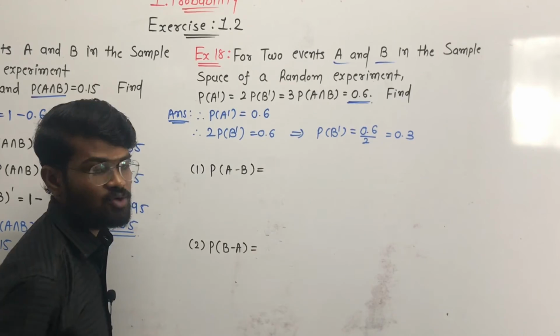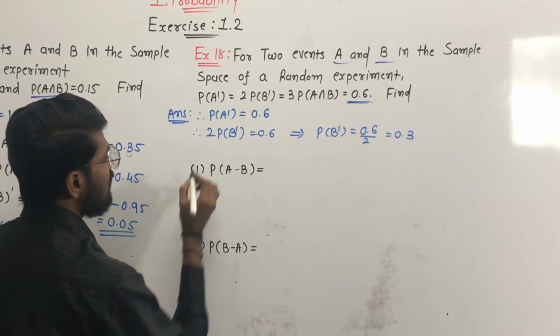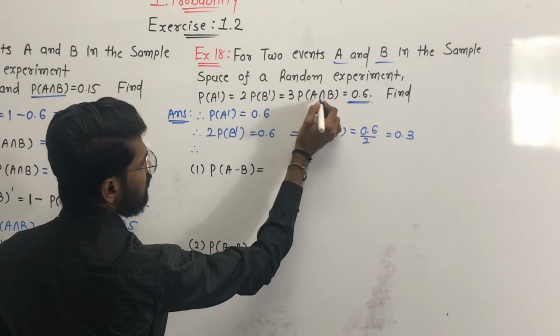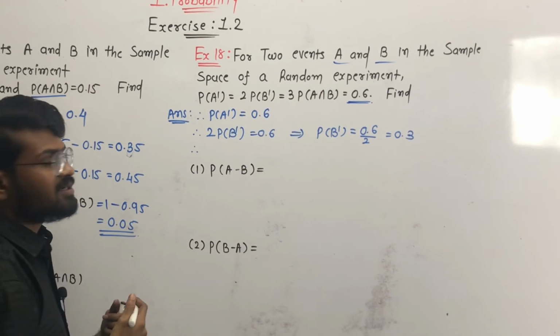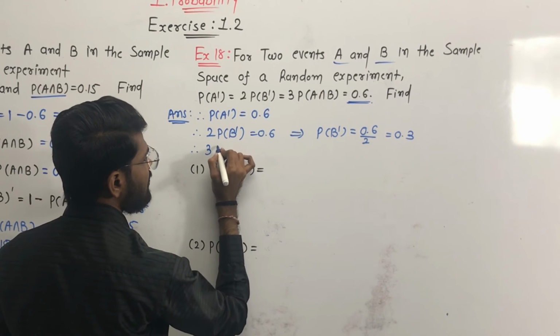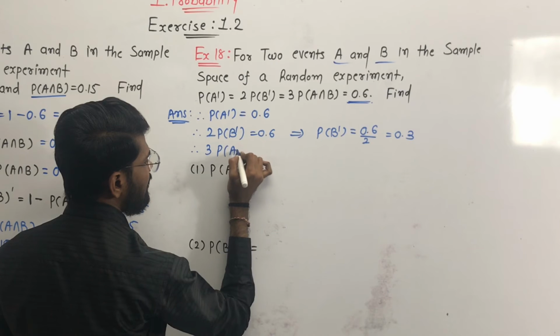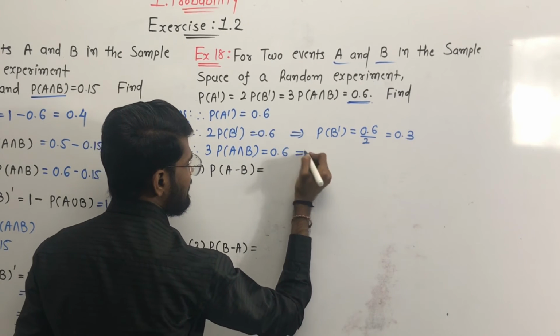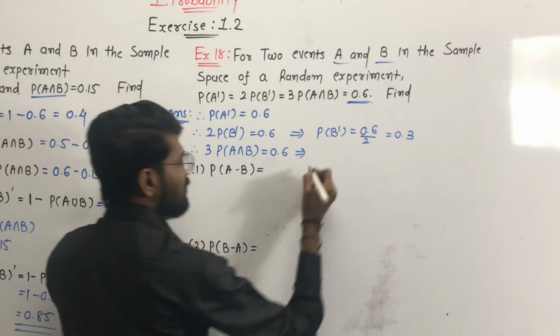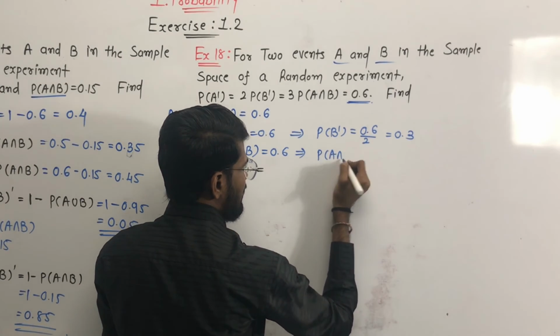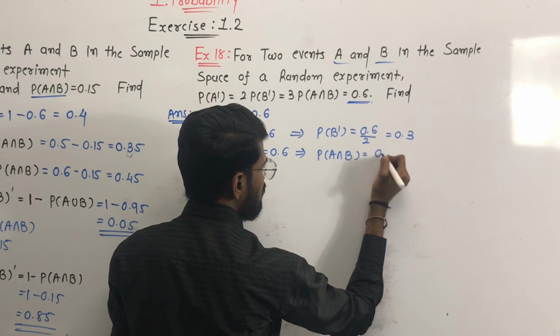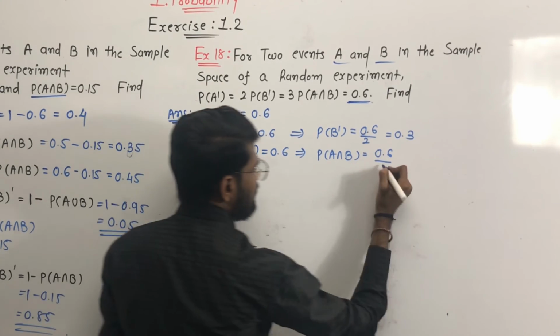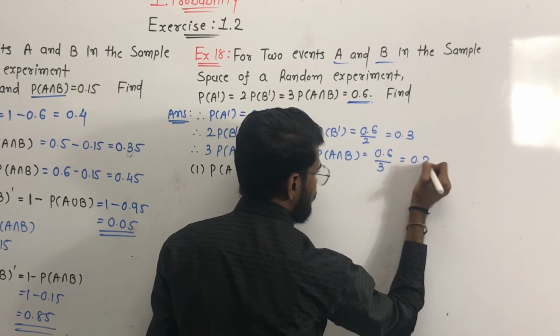Yes, so this is the value of P of B dash. Okay, now we can find P of A intersection B, because 3 times P of A intersection B is equal to 0.6, so P of A intersection B is equal to 0.6 upon 3, which is 0.2.